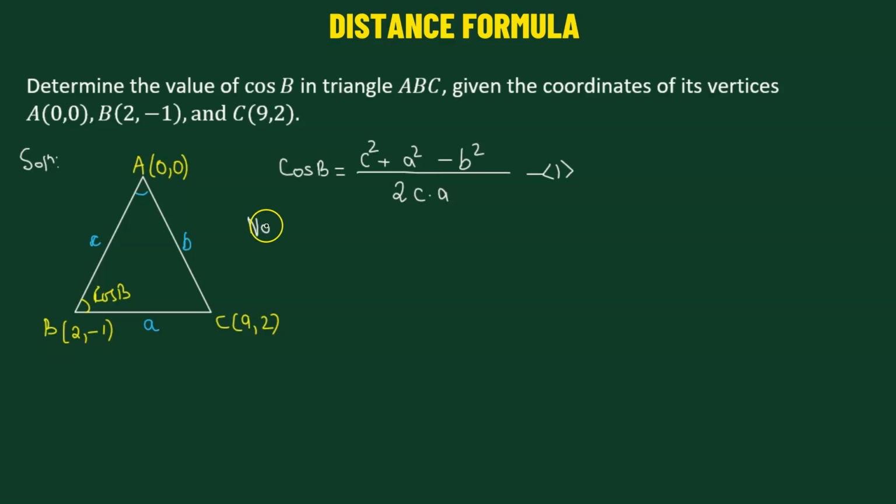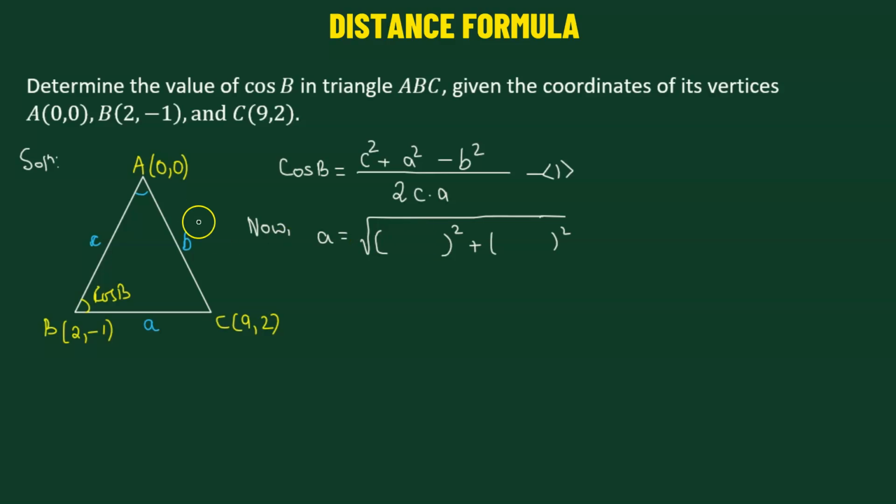Now to find out the length of a, we'll use the distance formula. To find out the length a using the distance formula, all we have to do is take the square root. Underneath the square root, we'll take the difference of the x coordinates, square it, and then add it to the difference of the y coordinates squared as well.